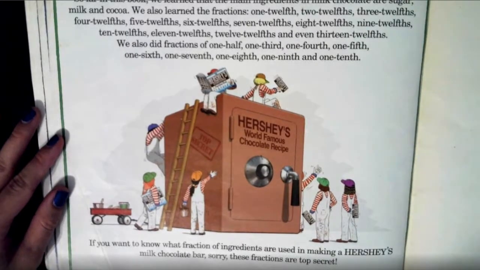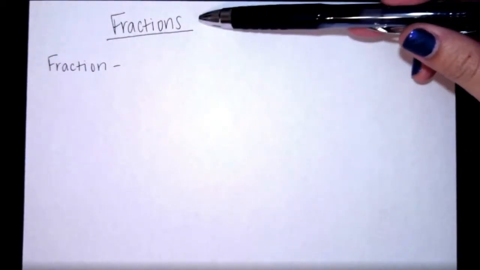are top secret. Okay, so now that we have read our Hershey's book about fractions and have had an introduction, we're going to take a few notes about fractions. So if you would write fractions on your page, and then we're going to write a couple definitions.